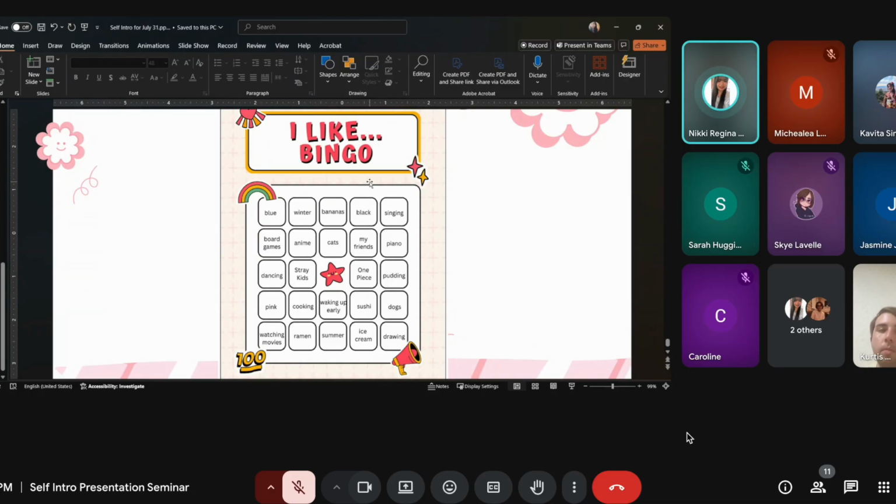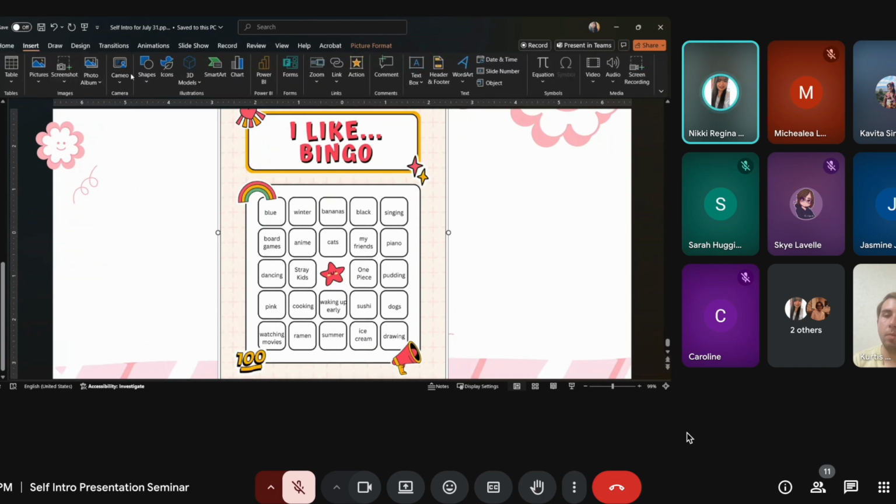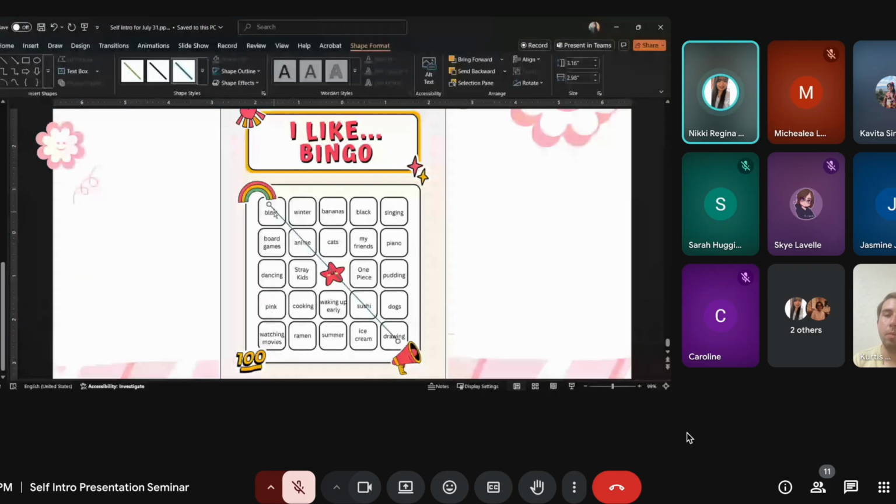They're going to roam around and find people that have the same things that they like. Once they have crossed out a line, they get a bingo. Please make sure that you have stickers ready for this activity. Of course, the teacher can also do this to build rapport with the students. Yep.